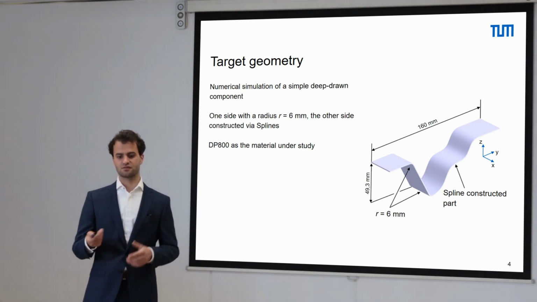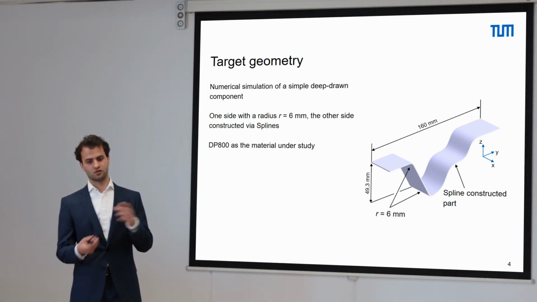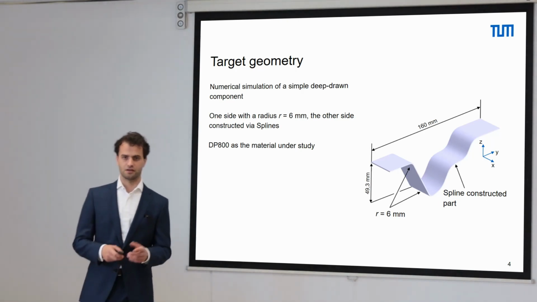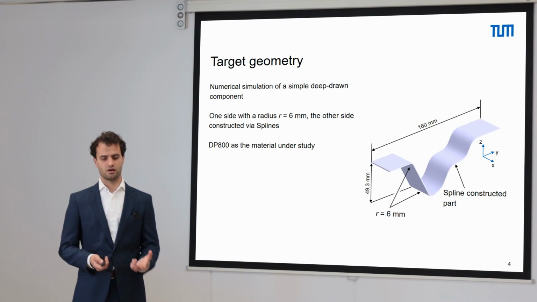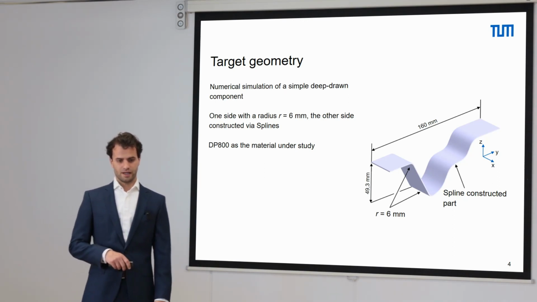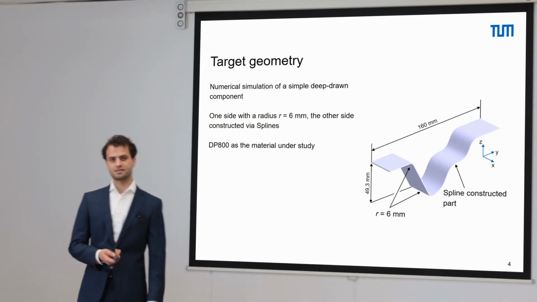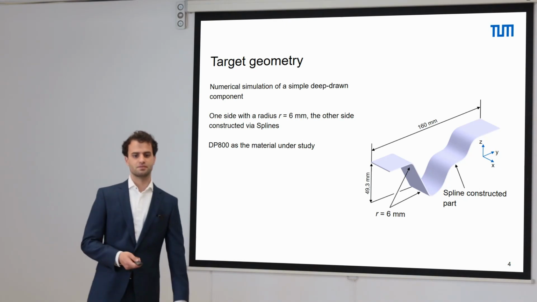So this is why I have two different parts, and not using, for example, a U profile. And the material under study in this case was a DP800.